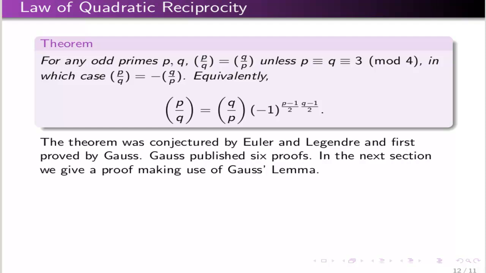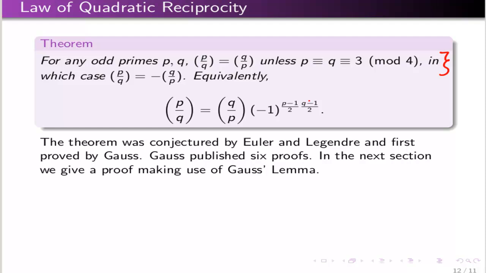There's an equivalent way of stating it, so you can just write it as one equation, but in practice it's much better to think of it verbally like this. p over q is q over p times this power of negative 1: negative 1 to the (p minus 1) over 2 times (q minus 1) over 2.